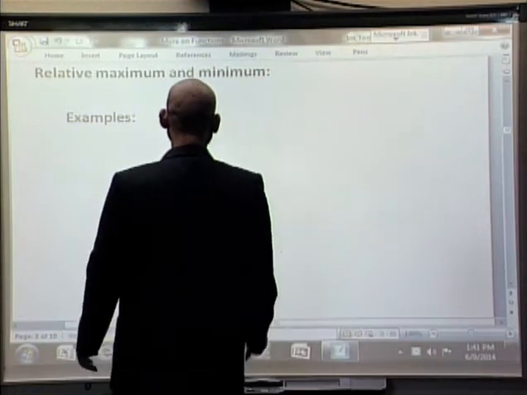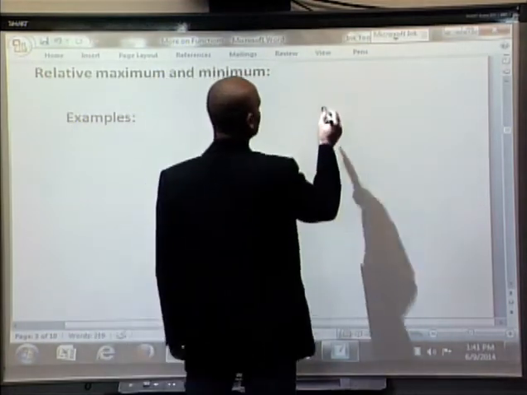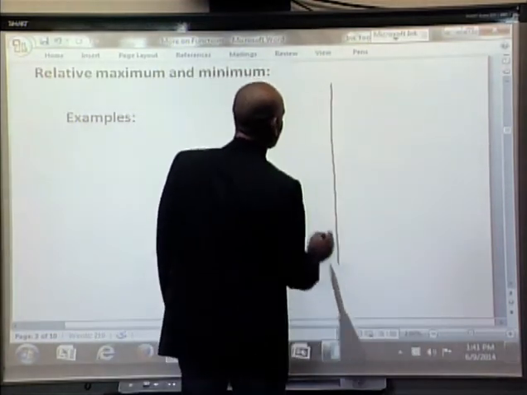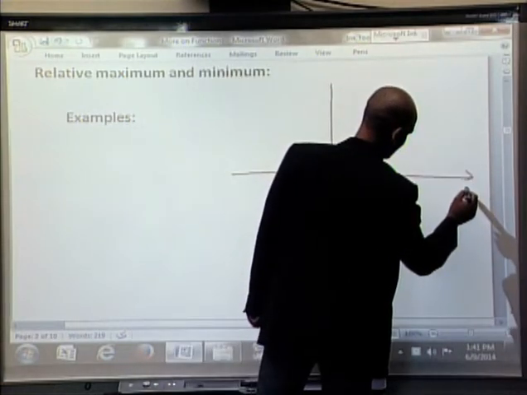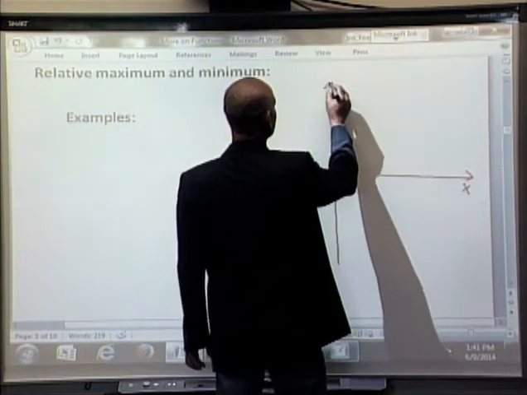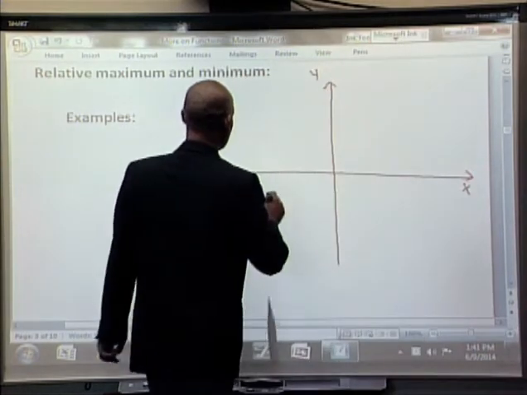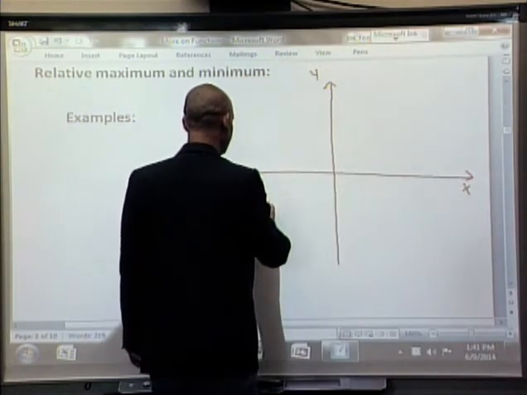Let us look at an example of a graph of a function and talk about the maximum and minimum of the function. Let us say this is our x axis, this is our y axis. Let us consider a graph.